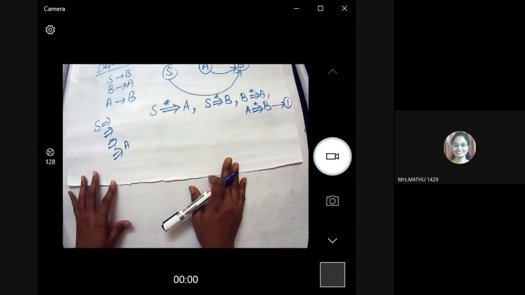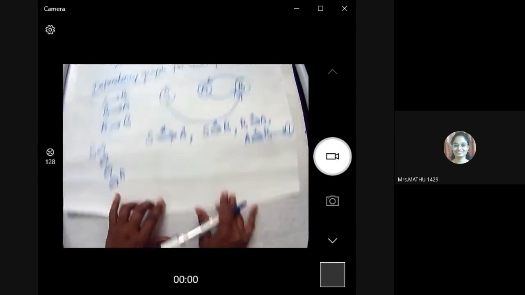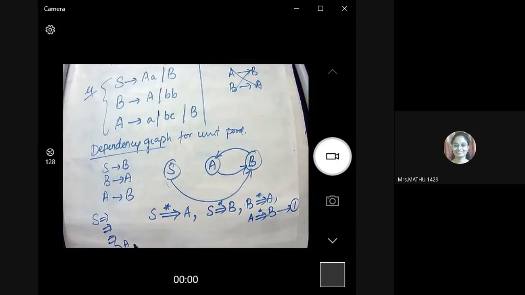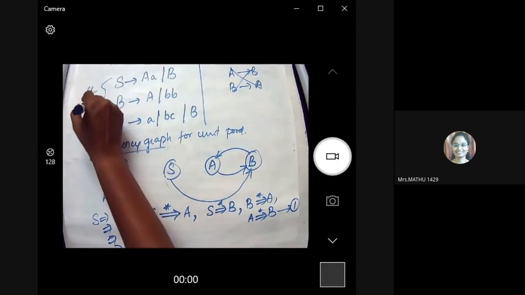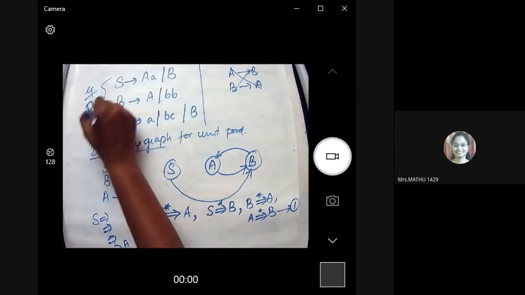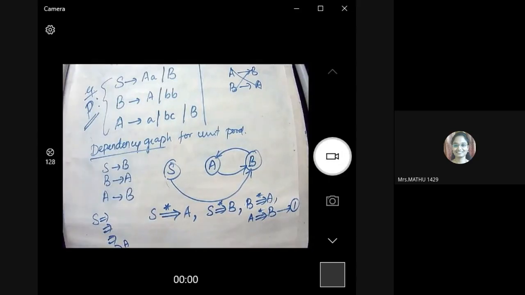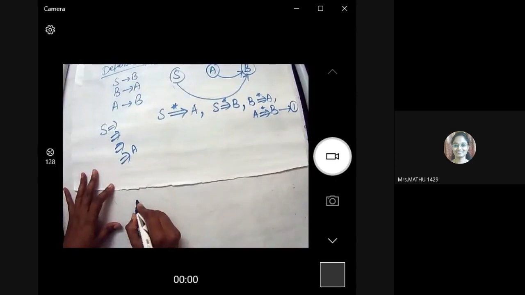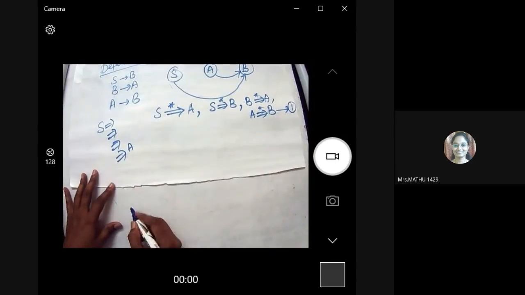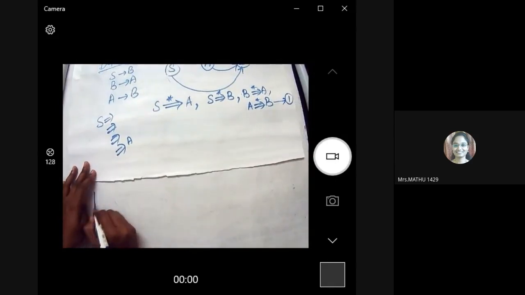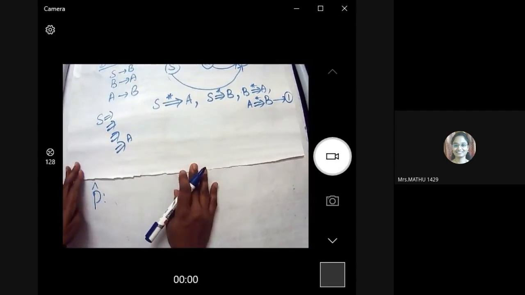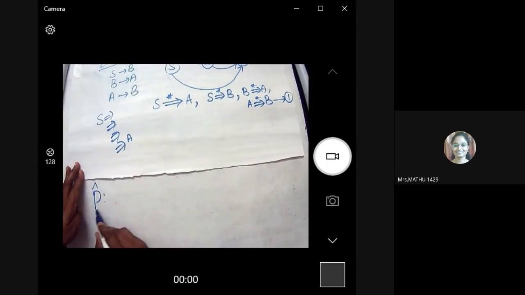So now, this is the actual grammar, the given set of productions. Let this set of productions be P, capital P. Now we want to generate a new set of productions. Let us call it P cap.